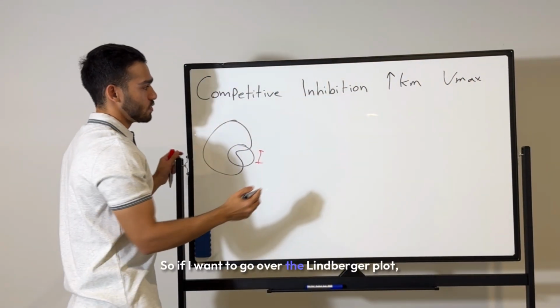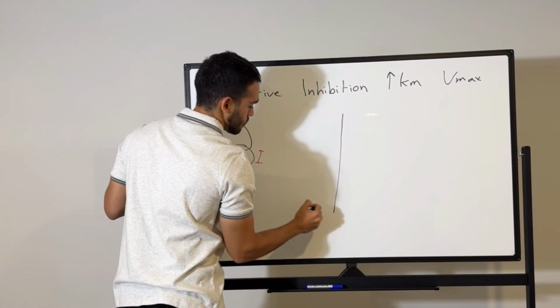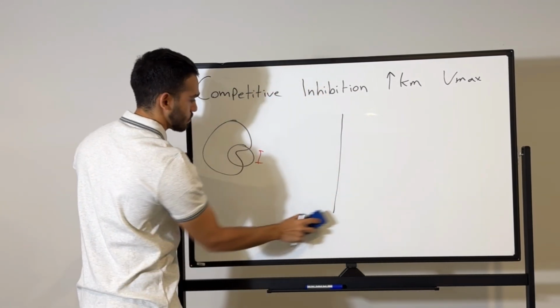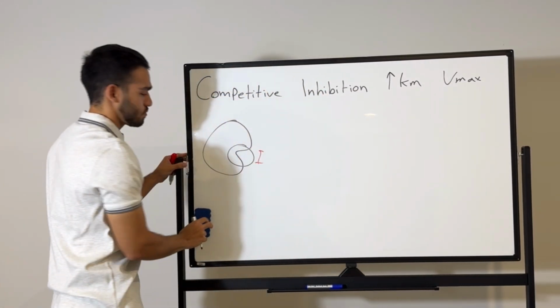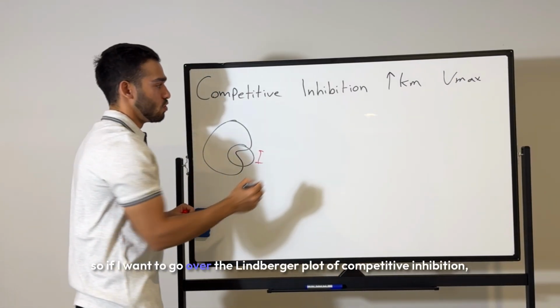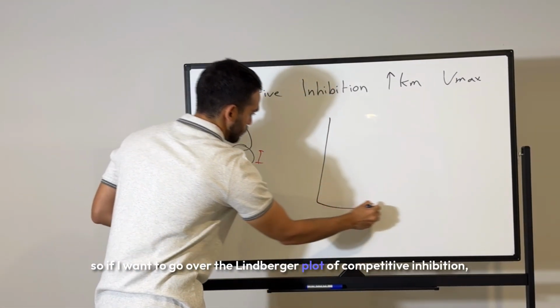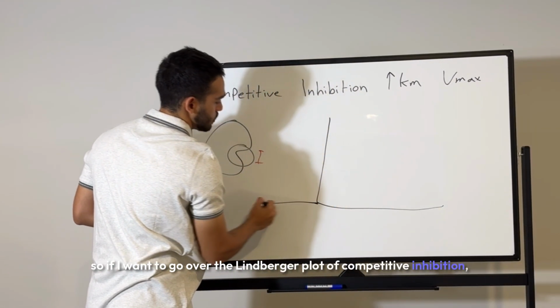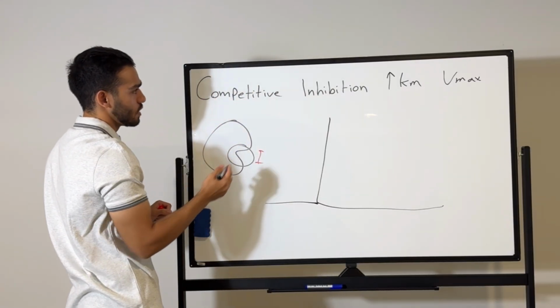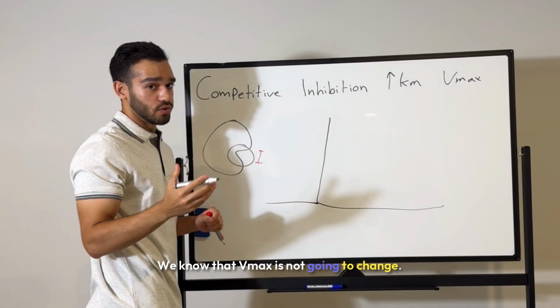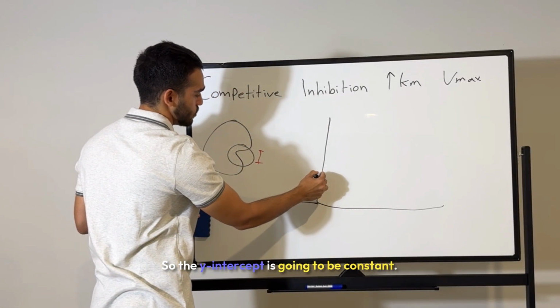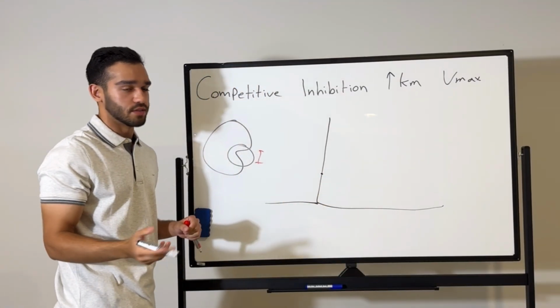So if I want to go over the Lineweaver-Burk plot of competitive inhibition, it's going to look something like this. We know that Vmax is not going to change, so the y-intercept is going to be constant.